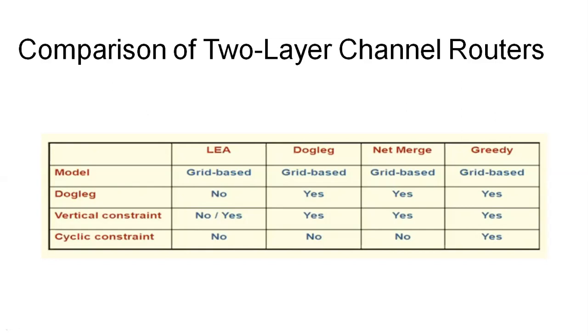If it is allowed, we can easily do that, which means the cyclic constraint can be removed. If one of the edges is removed, then automatically the cyclic constraint is removed. If it is not allowed, then we will have to go for the greedy algorithm, which can handle the doglegs and also the cyclic constraint in the VCG.